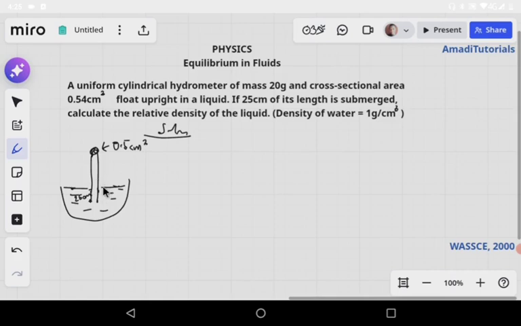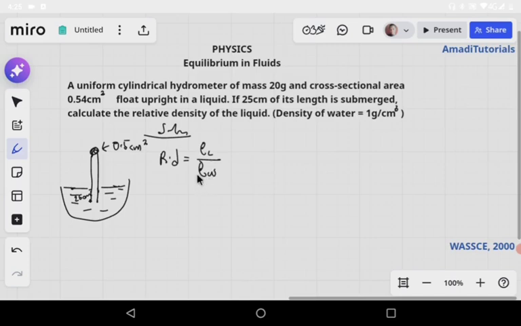Alright, so let's proceed. First we have to define relative density. Relative density is defined as the density of a substance, in this case of that liquid, over the density of water.